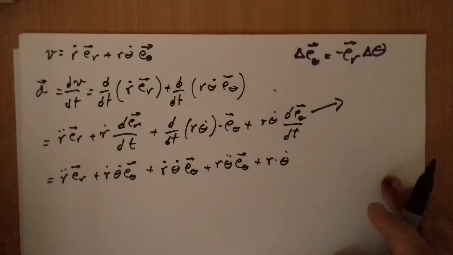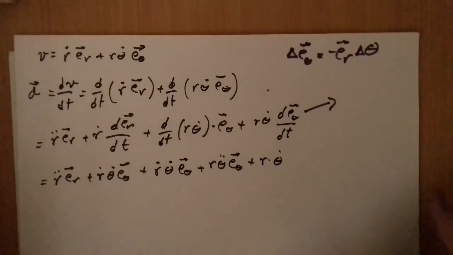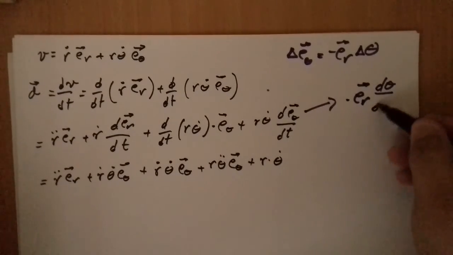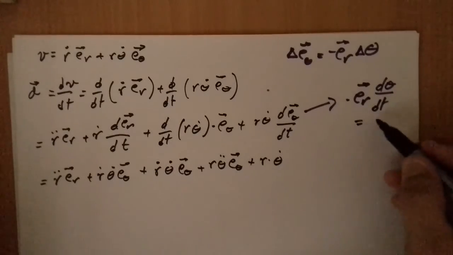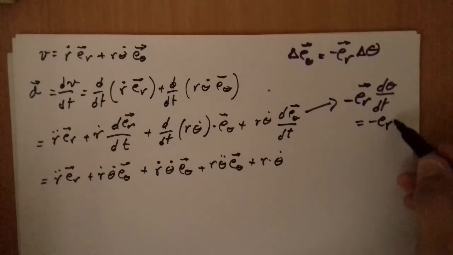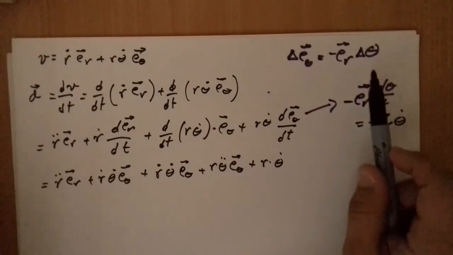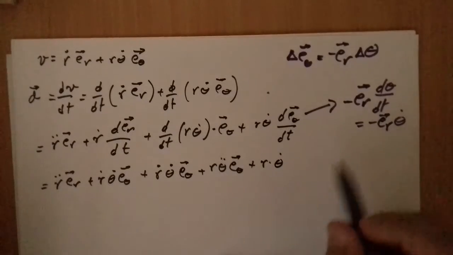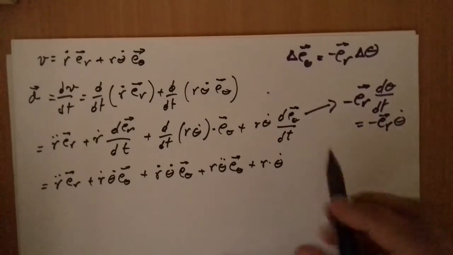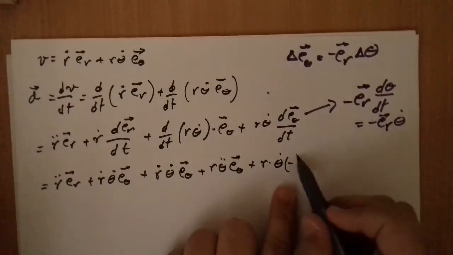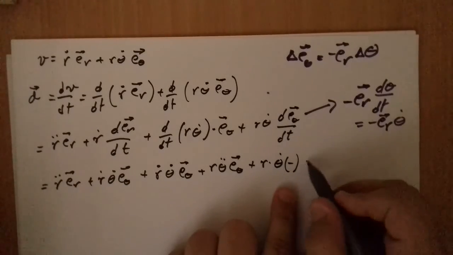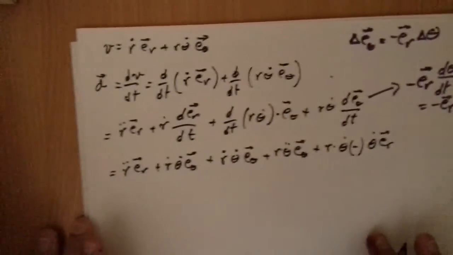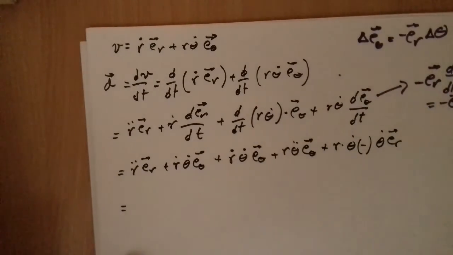This one is minus e r d theta by dt, which is equal to minus e r theta dot. This comes from this relationship. So this is minus r theta dot squared e r.